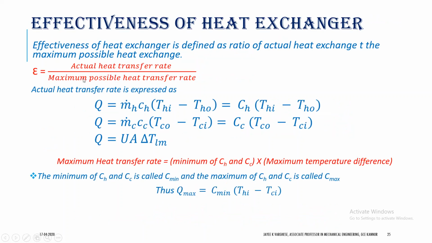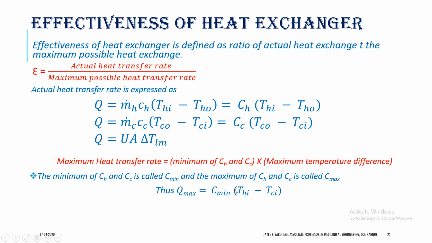The actual heat transfer is given by CH into Thi minus Tho, or CC into Tco minus Tci. Maximum possible heat transfer is given by the minimum of CH and CC into Thi minus Tci.